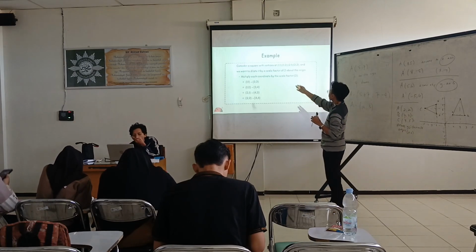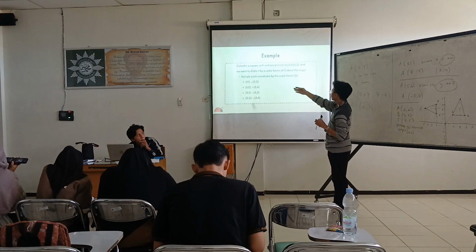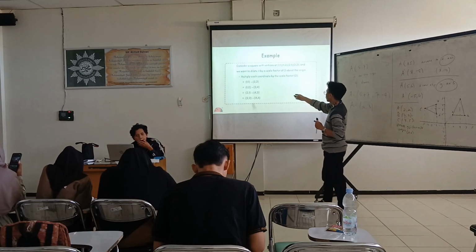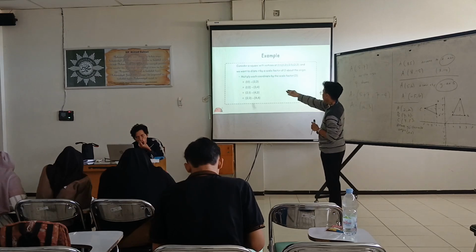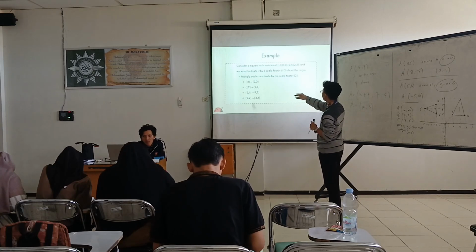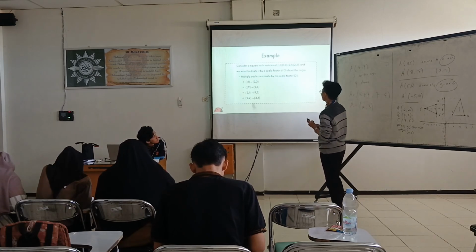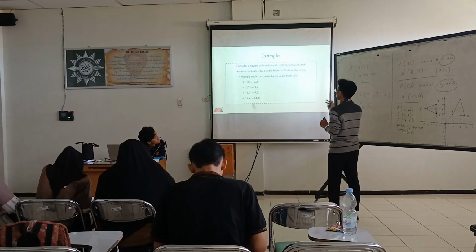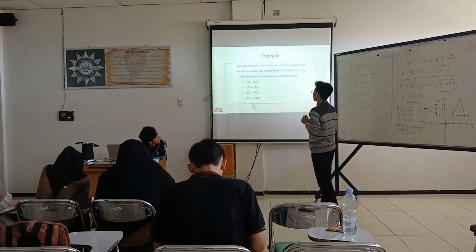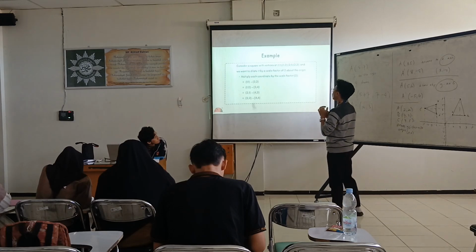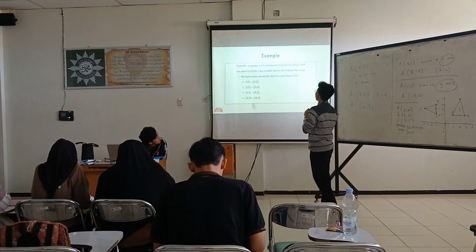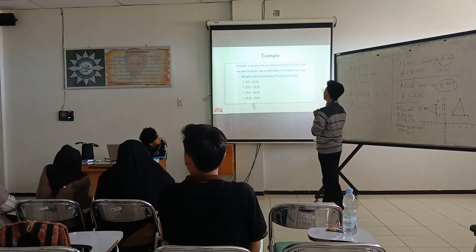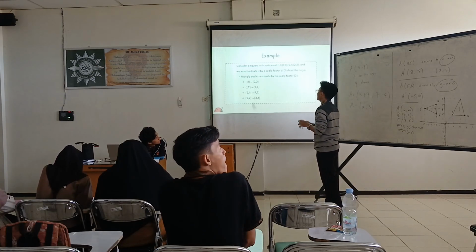So the first one, (1,1), multiplied by 2, we have (2,2). And from (1,2) multiplied by 2, we have (2,4), and the third one is (2,1), multiplied by 2, we have (4,2). And the last one, (2,2), we multiply by 2, so we have (4,4).